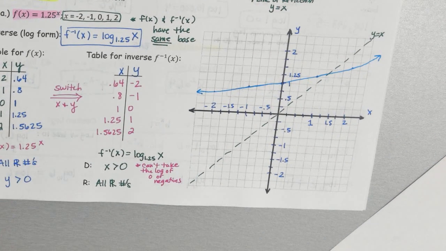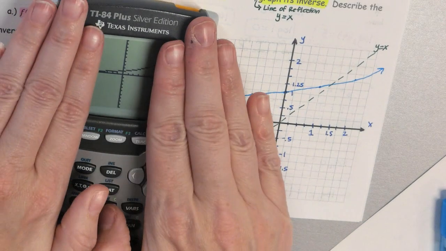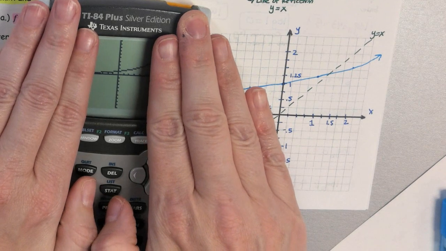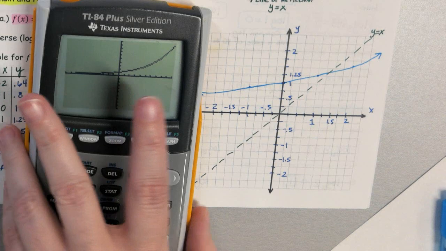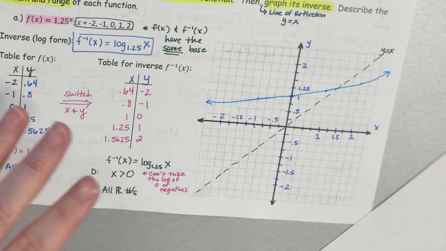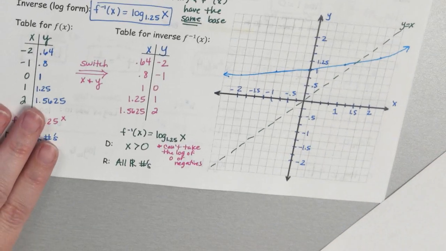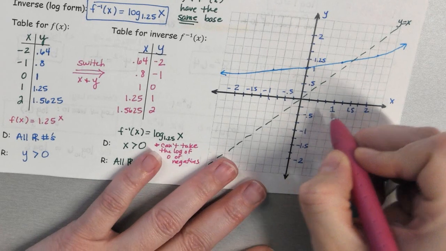And again, we're just doing a snapshot of part of our graph here, right? Okay, so that does look a little bit flatter because we don't have all those points on there. But they give us the x values, so that's what we're doing.